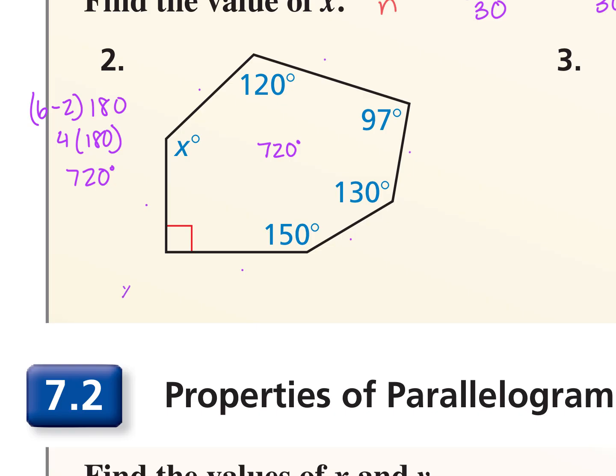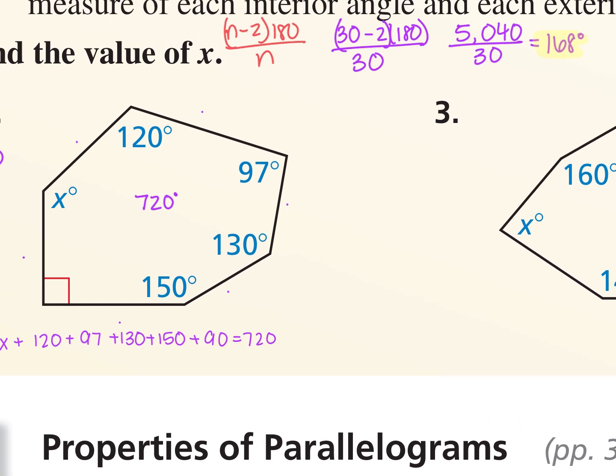So I'm going to have x plus 120 plus 97 plus 130 plus 150 plus 90 equals 720. Adding everything together, you guys are going to have a calculator, so that should be pretty easy. I'm going to have x plus 587 equals 720. Subtract 587 from both sides, and x is going to equal 133 degrees.